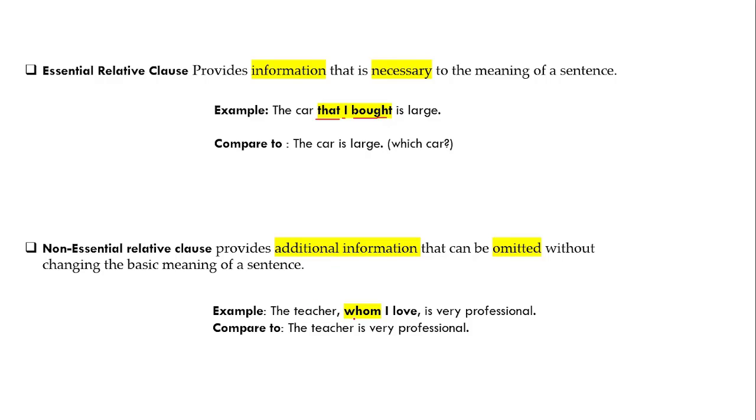So whom I love is non-essential, but still this sentence is a complex sentence. It has a subordinate relative clause using whom I love. Whom is a relative conjunction or a relative pronoun, and I is a subject, love is a verb, and the main clause is the teacher is very professional.